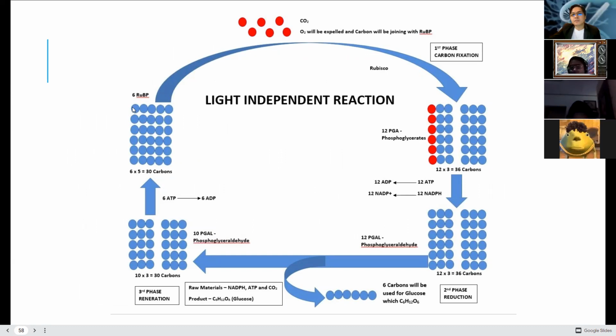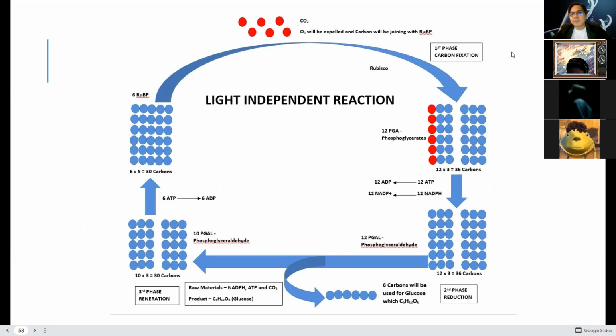Ribulose bisphosphate contains a 5-carbon molecule. It is unstable, and since it is 5-carbon, the Rubisco acts on it. This is the enzyme that fixes carbon.